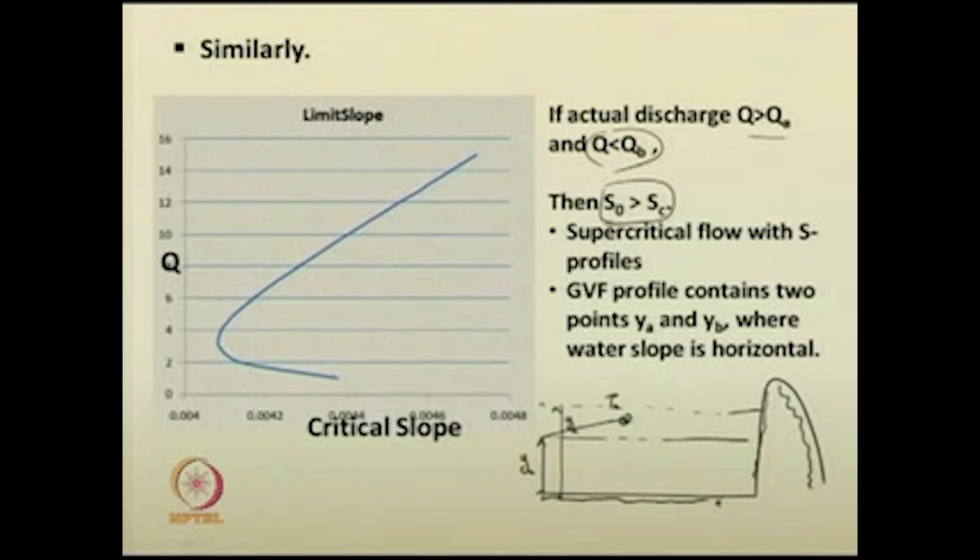There the slope will be horizontal, the water surface profile will be horizontal, then it will make a jump and will have an S1 profile. So, it will be having S3 and S1 curves, right.